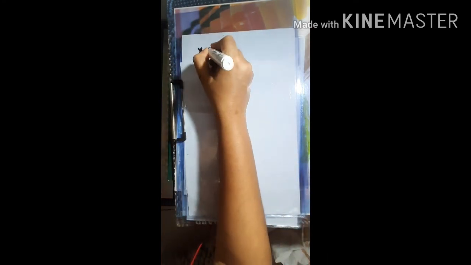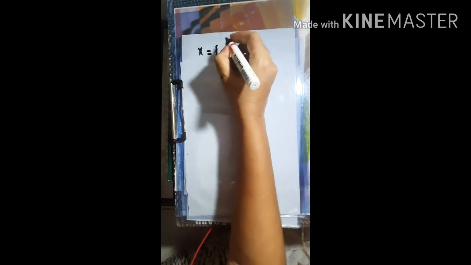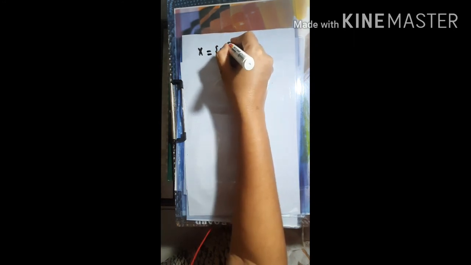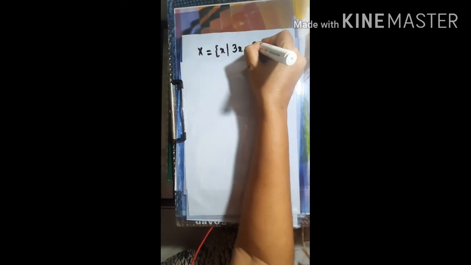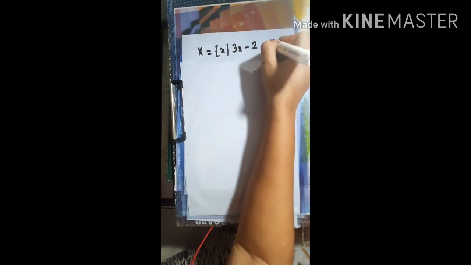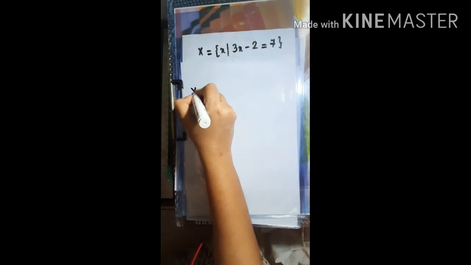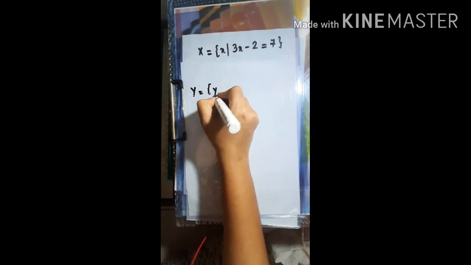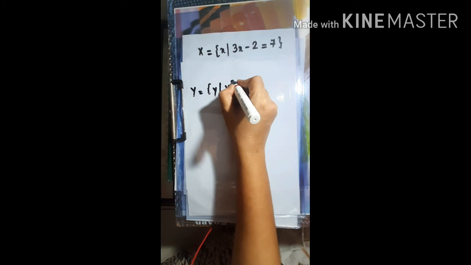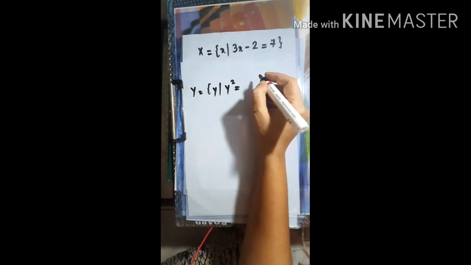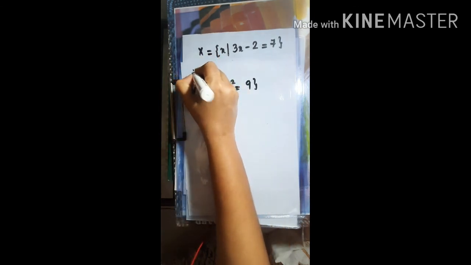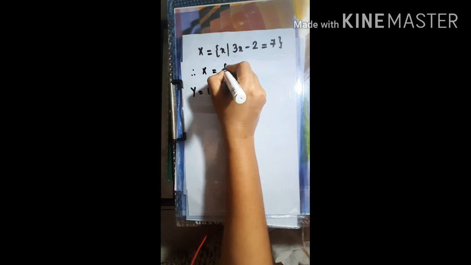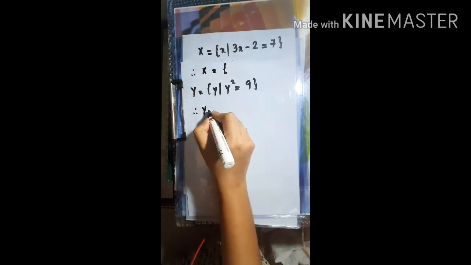X is a set of all x such that 3x minus 2 is equal to 7, and Y is a set of all y such that y square is equal to 9. First, let's list the sets. I want to find out union and intersection. This is my X, this is my Y.